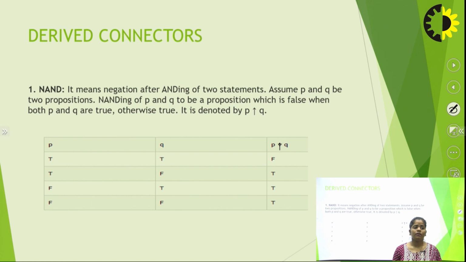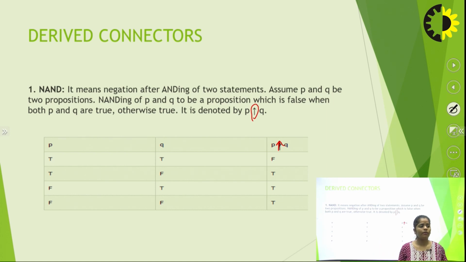Basically, we do the AND operation, and on that output we do the NOT operation, that is, the negation. Then we get the output of the NAND operation. And it is represented by this symbol here. So P NAND Q is basically the negation of the AND gate.